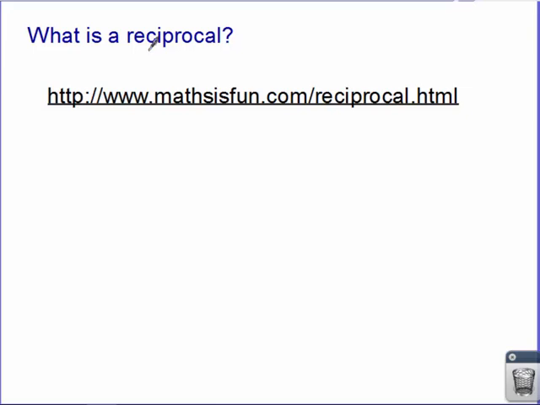So my question is, what is a reciprocal? And this is a nice website that you can go to get some information about a reciprocal. But a reciprocal is 1 over the number. Okay, so take for example, if I gave you 5, then I need to, 1, change 5 into a fraction.